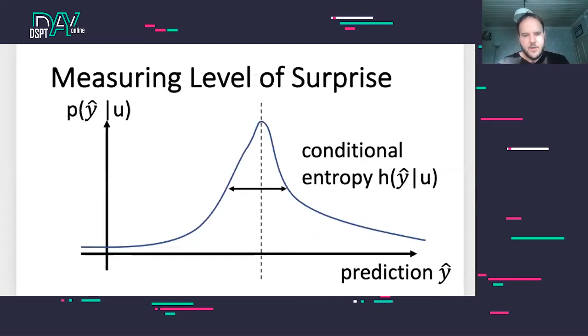In this probabilistic model, we can formalize the level of surprise caused by a machine learning prediction via the entropy of the prediction y hat. More precisely, we use the conditional entropy of the prediction given the user knowledge or user summary to measure the level of surprise caused by the prediction. Note that this conditional entropy depends on the user summary U. So the more knowledge a user has, the smaller we expect this conditional entropy, so the smaller is the surprise caused by a machine learning prediction.